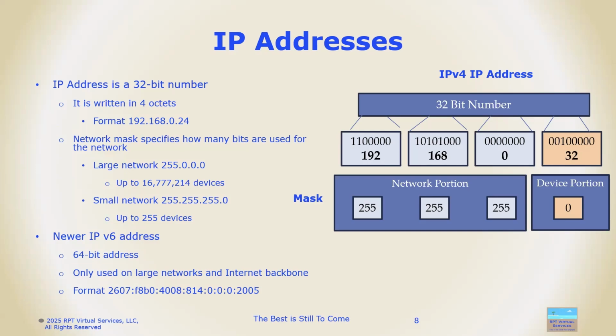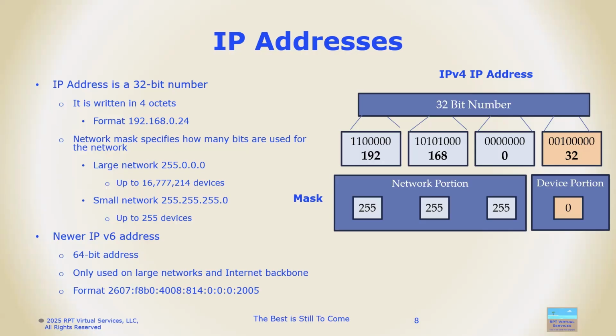That could be your address on a home network because it's a common address. And you'll see in the diagram, it shows how those 32 bits are divided up into the octets. Each one is translated into a number that we understand.